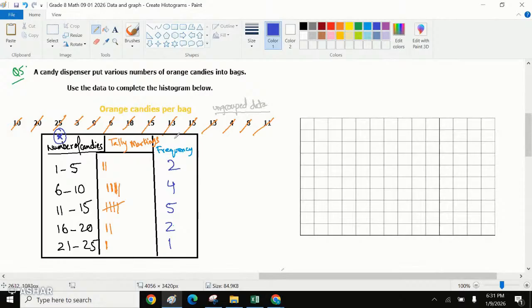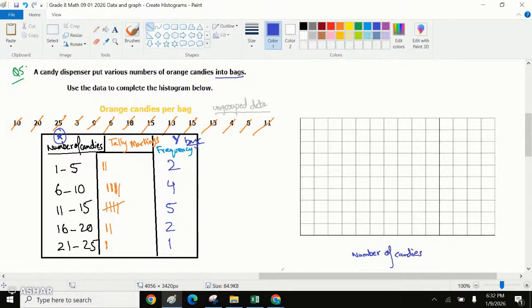The y-axis is the number of bags, because the question said it was putting the candies into bags. So the x-axis would be represented by the number of candies.